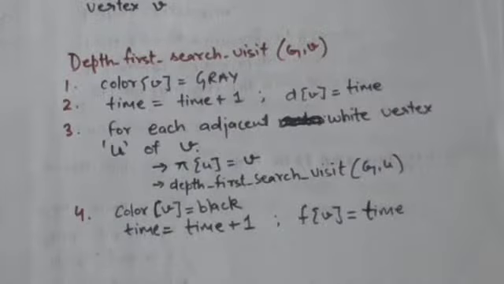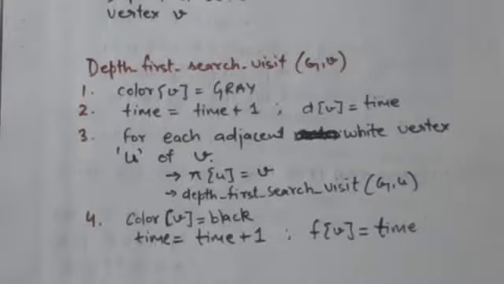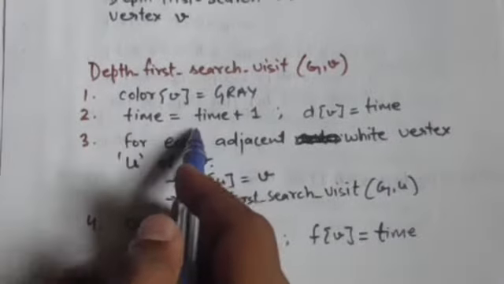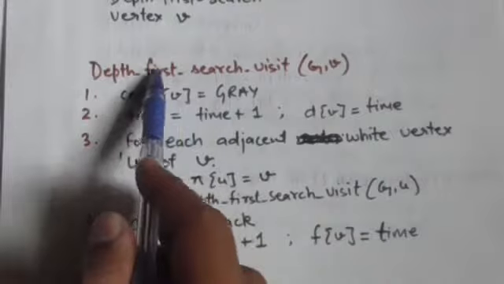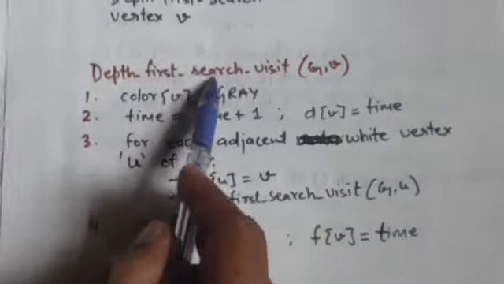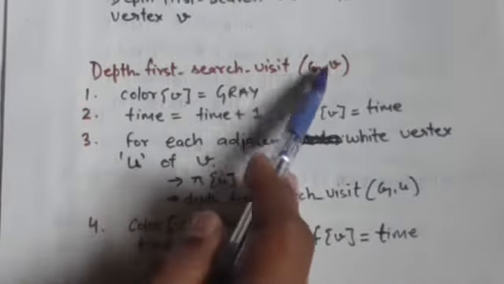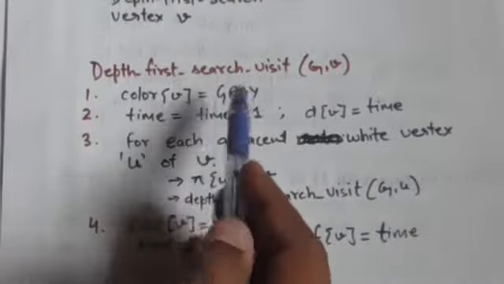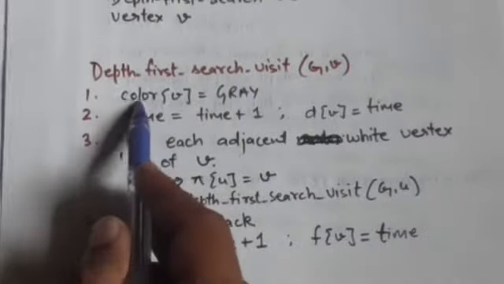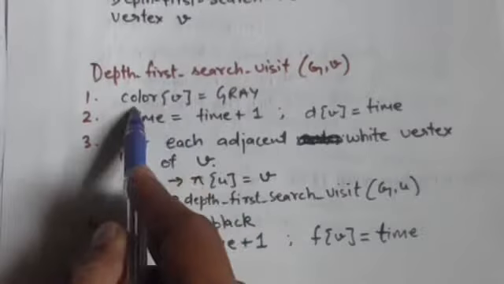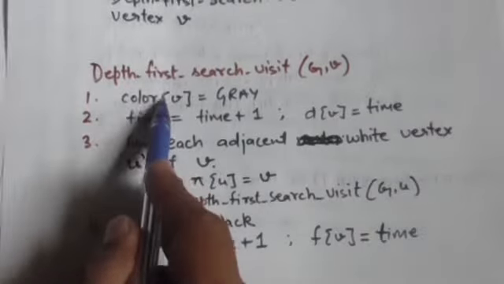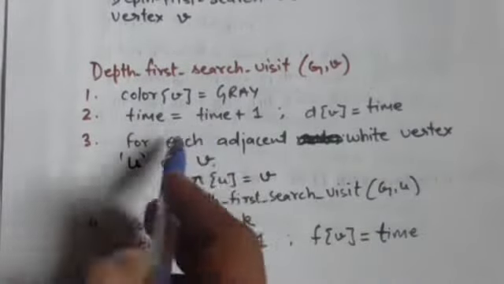Now, when the depth first search visit function is called on vertex V of graph G, then first of all, the color of vertex V is changed from white to gray, right?